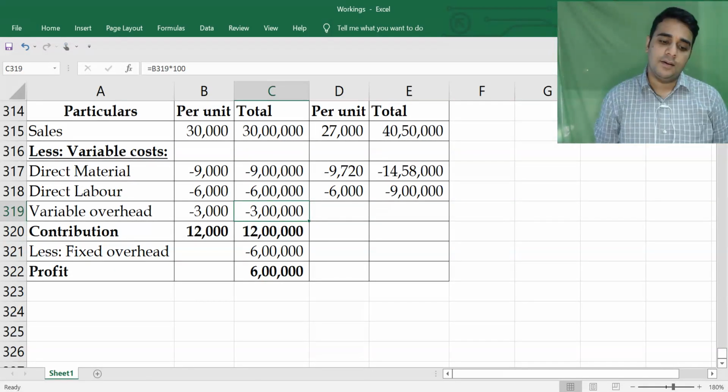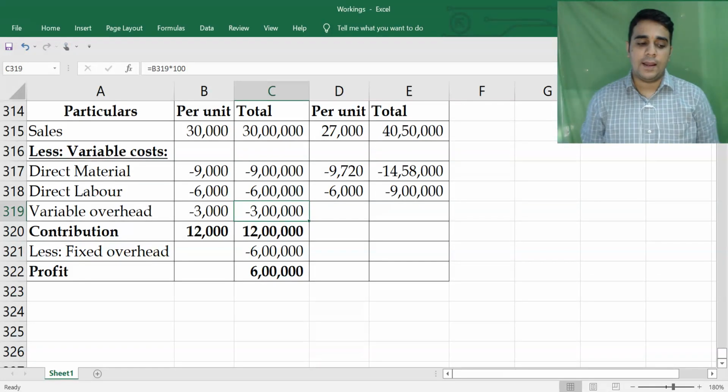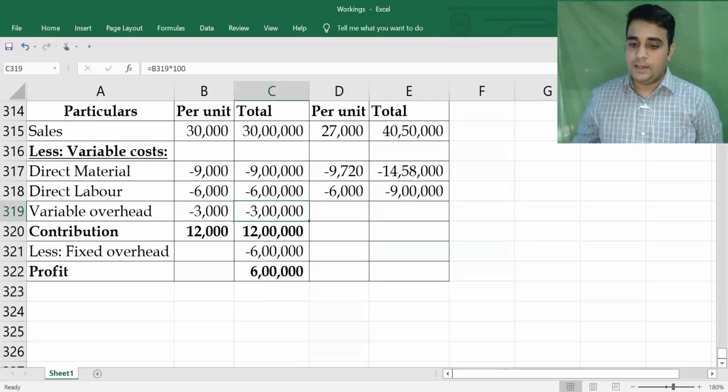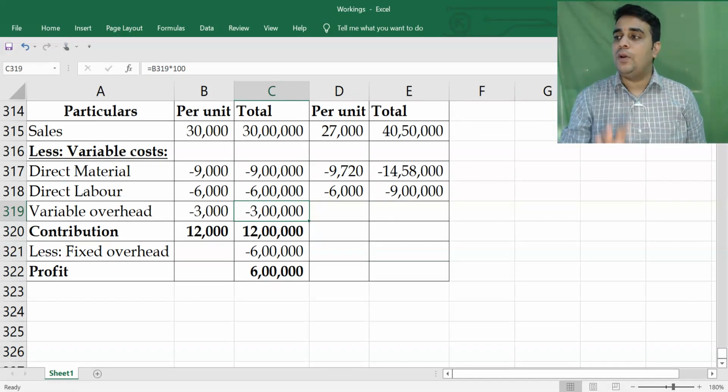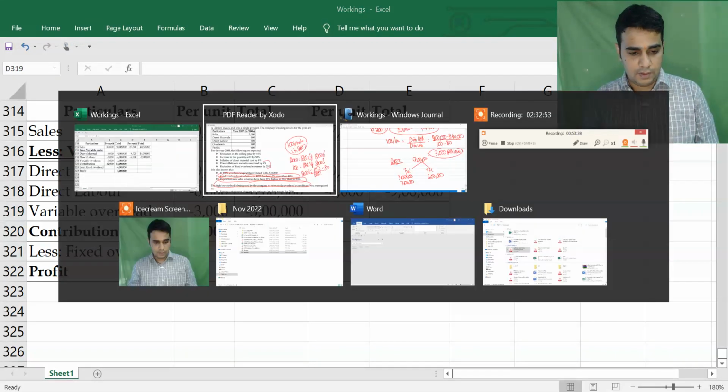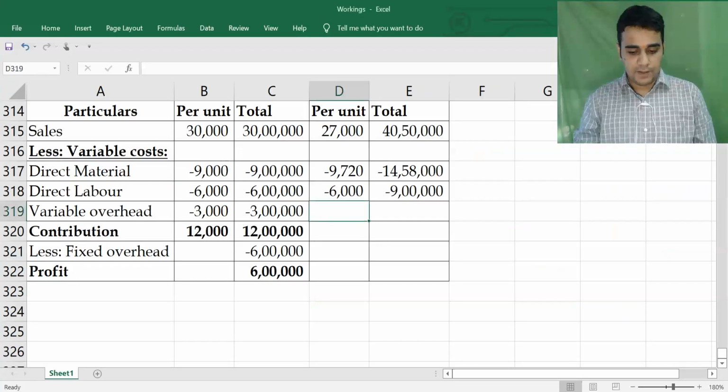3,000 into 3 lakh, contribution 12 lakh, fixed overhead is 6 lakh, profit is 6 lakh. Any change in variable overhead in the question? How much is the inflation? 6%.